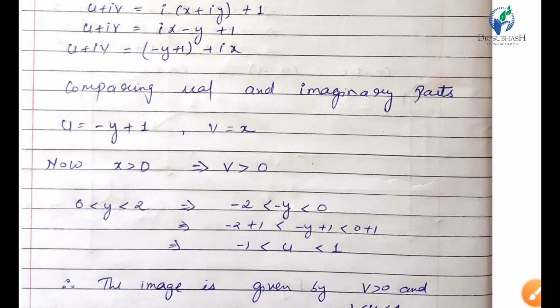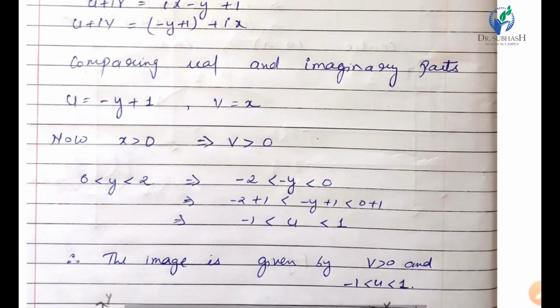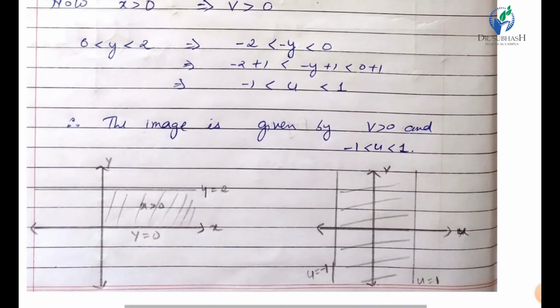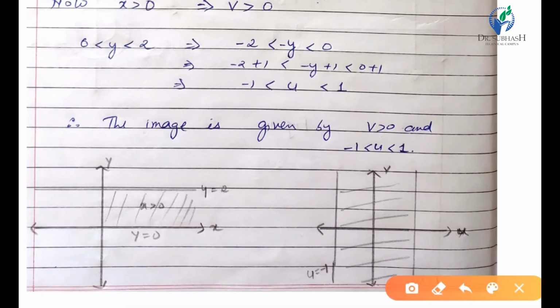What we can see here is we have already obtained the image. By using the transformation w equal to iz plus 1, for x greater than 0, we get images v greater than 0.